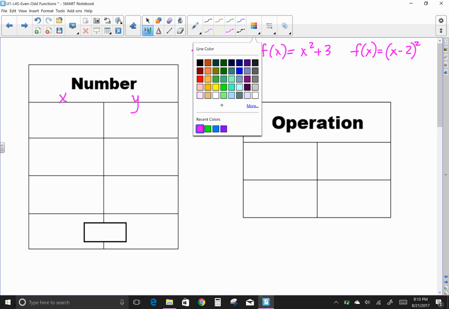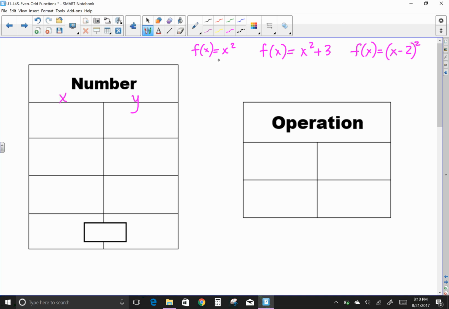So we went back to the graph and I had them look at it and tell me what was the difference between this graph and that graph. And they told me this graph went up from that one. And then we looked at the original graph and this one, and they were able to tell me that this one moved to the right. So the next thing we discussed, and how you know that, is because there is a number. That's why it says number over here. There's a number in the equation that's not in here to begin with.